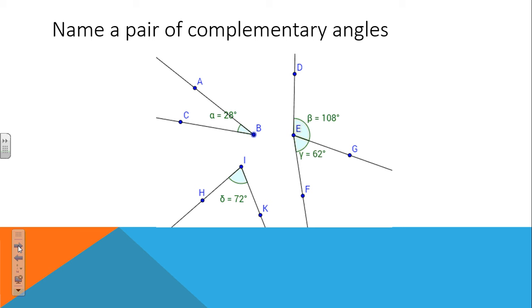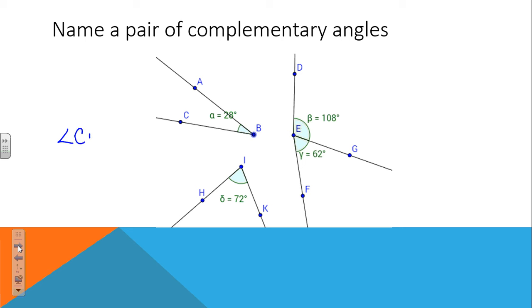All right. Got answers down. That's good. So what do we think our 2 complementary angles are? You want to volunteer? Which 2 add up to 90? So CBA, I love how you named that.